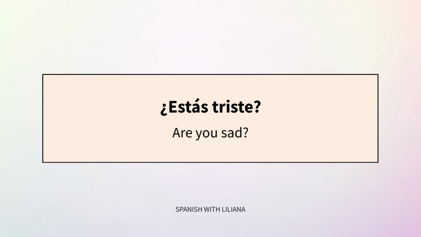My point here is the structure. We use estás plus an adjective. You do have to remember the gender. Adjectives like feliz or triste don't change in gender, but tired do. Cansado for male, cansada for female. That's the only thing you have to remember there. But the structure is the same.